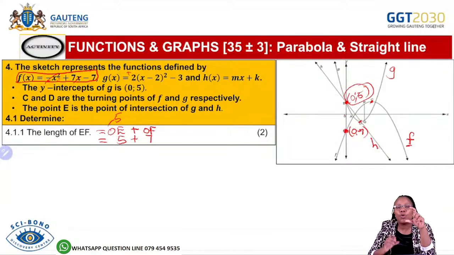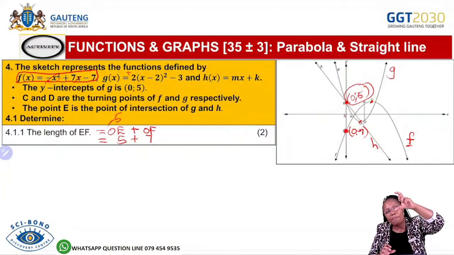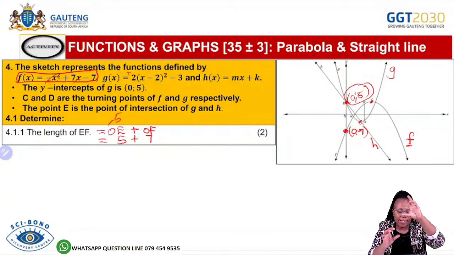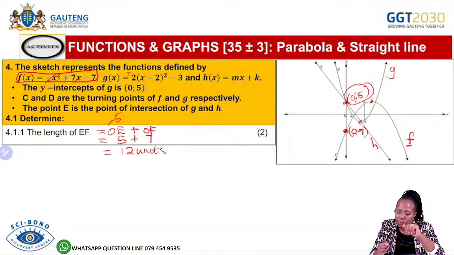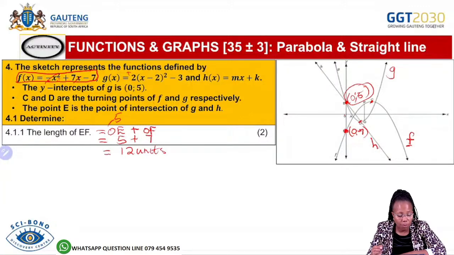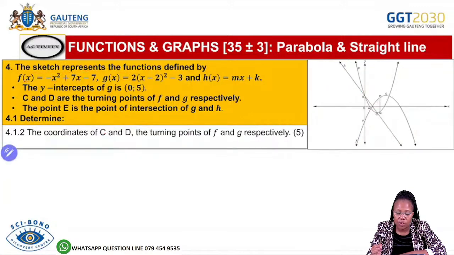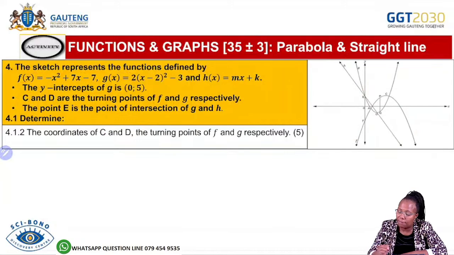Because it's a distance, we consider it a positive identity, right? So if we go up 5 units, it will be 5 units. We go down 7 units, therefore it will be 5 plus 7, which gives us 12 units. That is the total distance between E and F.